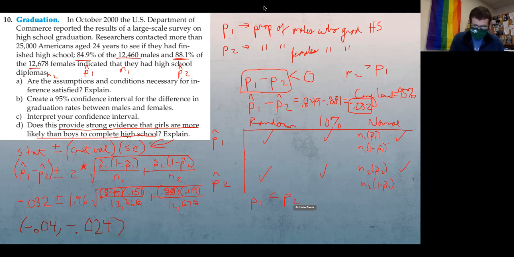So my actual written conclusion here might be: because the confidence interval is entirely negative and does not contain 0, we have convincing evidence that females graduate high school.